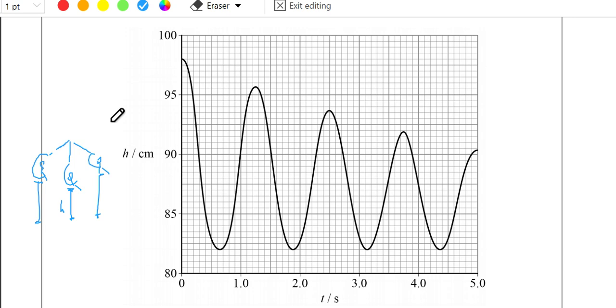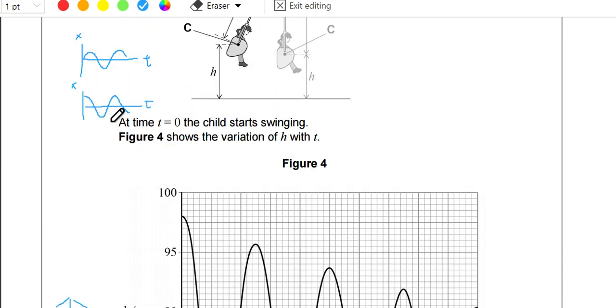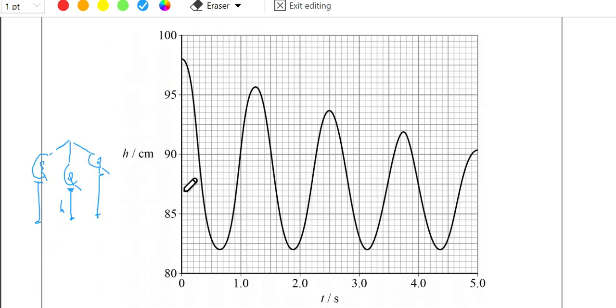So you may notice that in a simple pendulum we have the curve in both positive and negative directions. Here is 0, okay, but in this case we don't have negative values. We have all values positive.